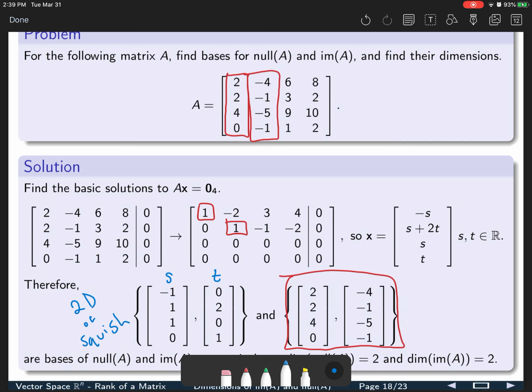So while the space starts out four-dimensional, we squish everything onto two dimensions, and the null space represents the space that has been squished, and this represents the two dimensions that we have left.